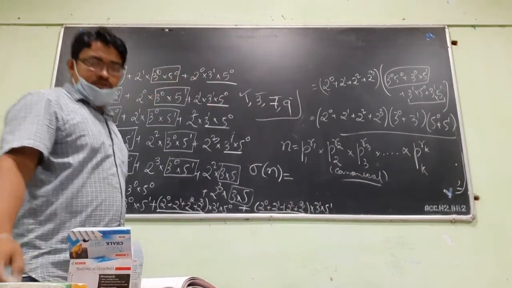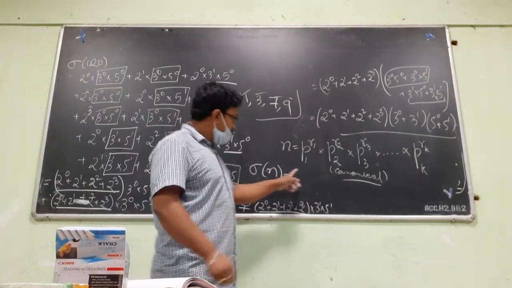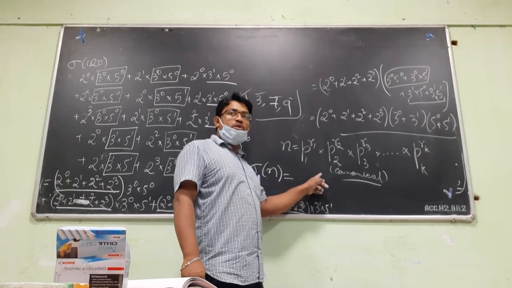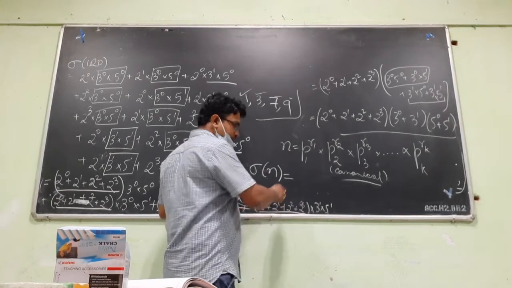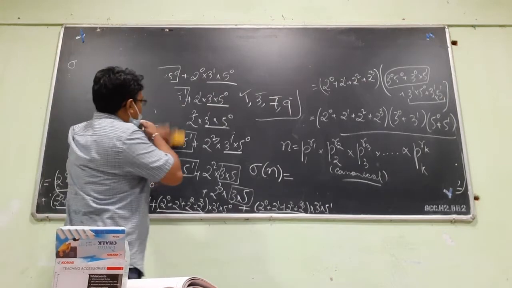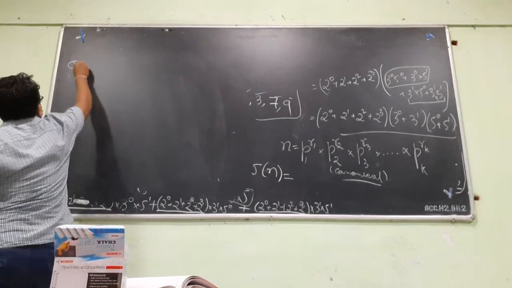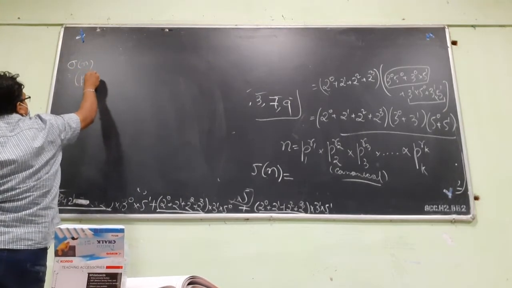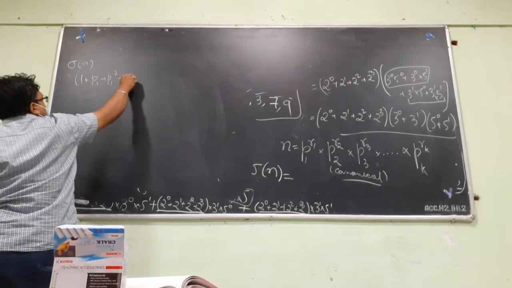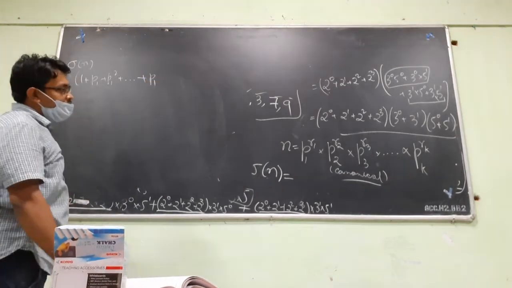Right. So, what do you think? What will be the expression? First product, it will be p1 to the power 0 plus p1 to the power 1. So here what is sigma of n? It will be p1 to the power 0, which is equal to 1, plus p1 plus p1 square plus up to p1 to the power how much?